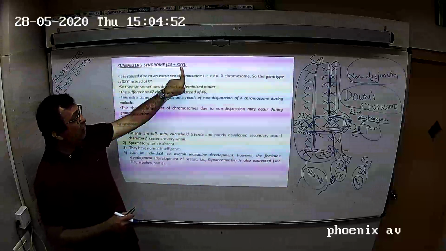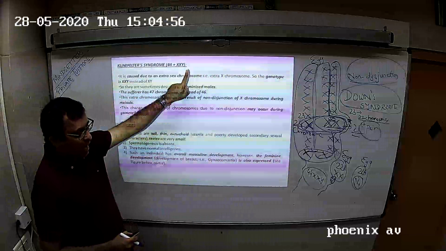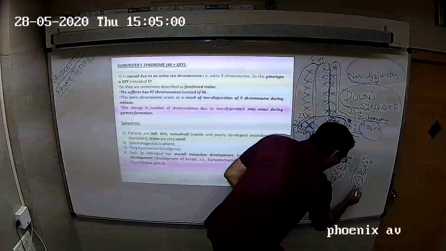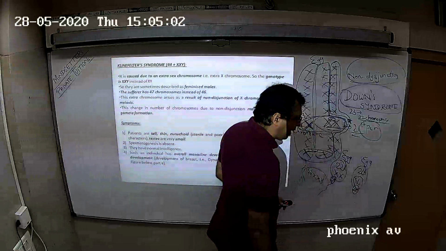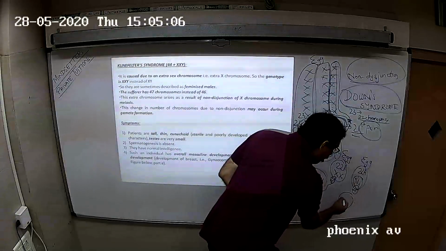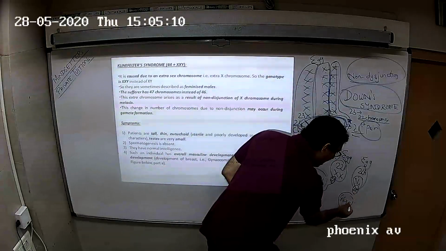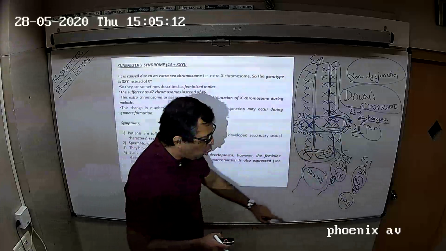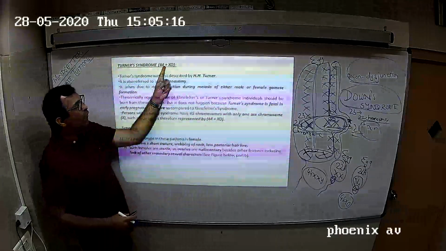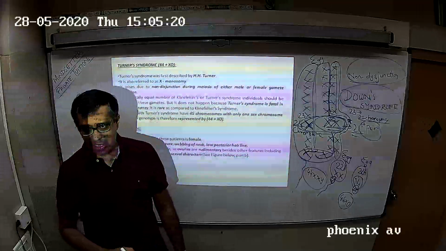Klinefelter syndrome. 44 plus XXY. And if a sperm with 22X fuses with the egg with no sex chromosome, then that will form a zygote which will have 44 autosomes and the X of the sperm and no other sex chromosome, so that will be 44X0, and 44 plus X0 is a disease called Turner syndrome.